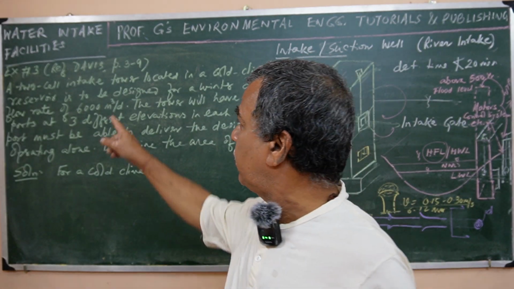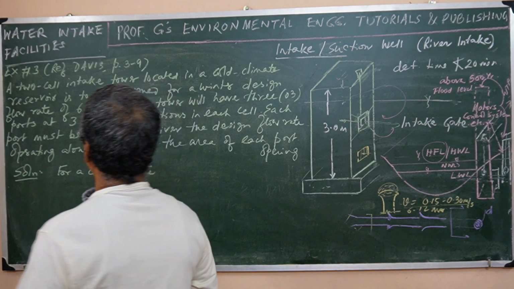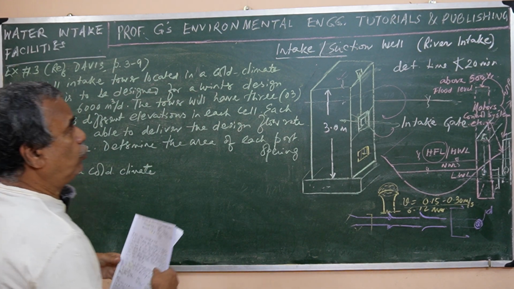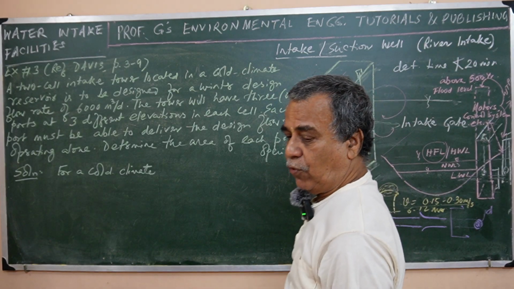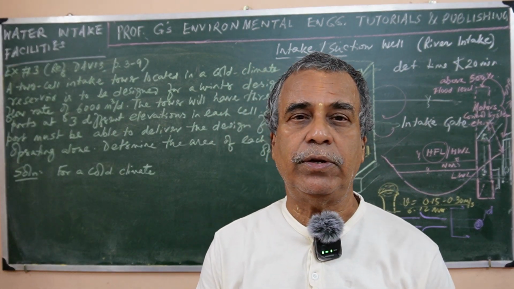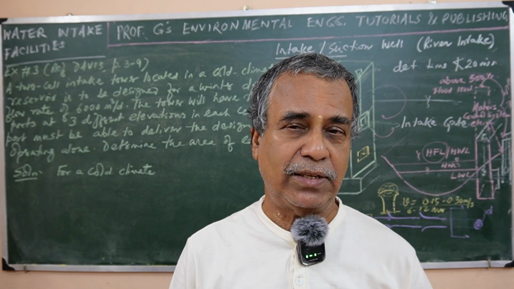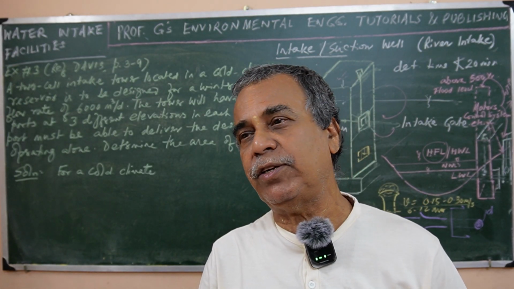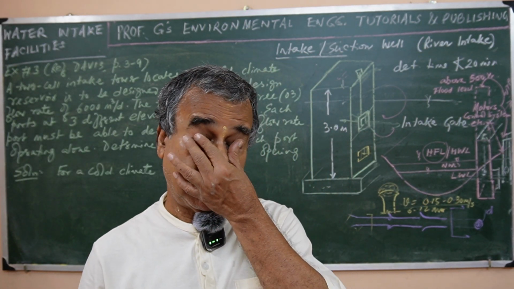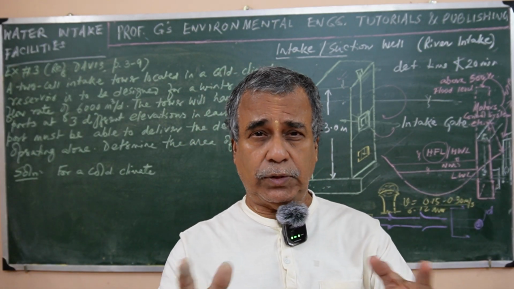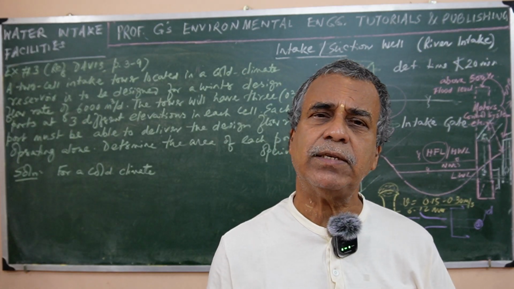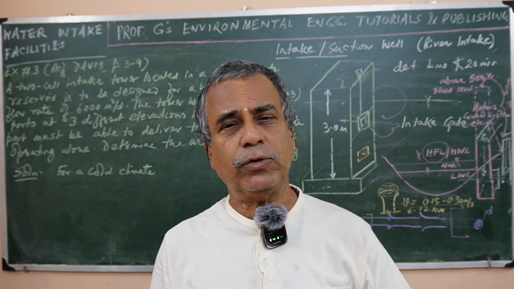The third example is about a two-cell intake. I told you that a minimum of two cells is needed for secure design, in the sense that when one is under maintenance or out of use, the other one can be used.